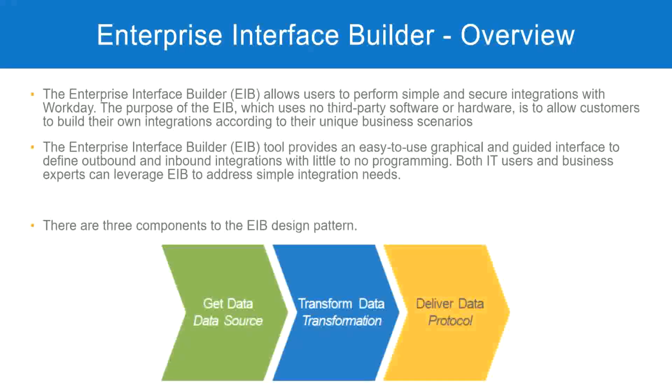That is something we have to configure. Do we need transformation? If yes, configure that. If no, leave it blank. And then deliver the data. How are we going to send the data to an external system? So we have to configure that as well. Once we do these 3 steps, our EIB is ready. We are going to start exchanging information from Workday with an external system.